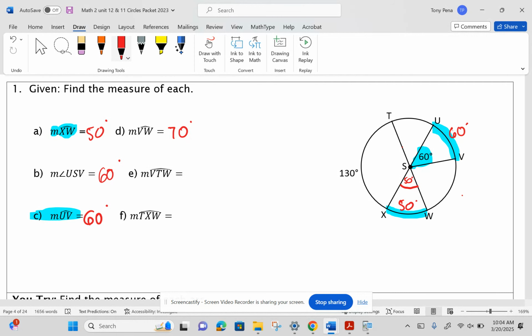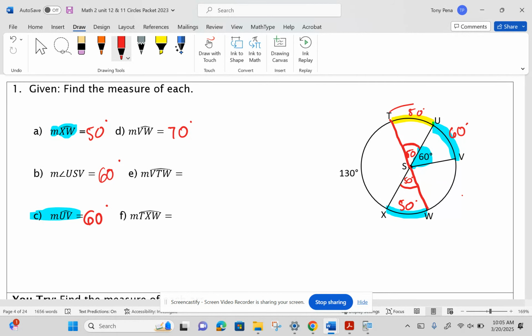And then she threw out the phrase vertical angle. Isn't this angle here vertical to the 50? So that means this angle is 50, which would then tell us what is this arc degree measure, Camilla? 50. Good. That's got to be 50. So that's what she was saying initially, and then what? Like the 180 minus 50 minus 60. Good. And then this is now the right-hand side of the circle.